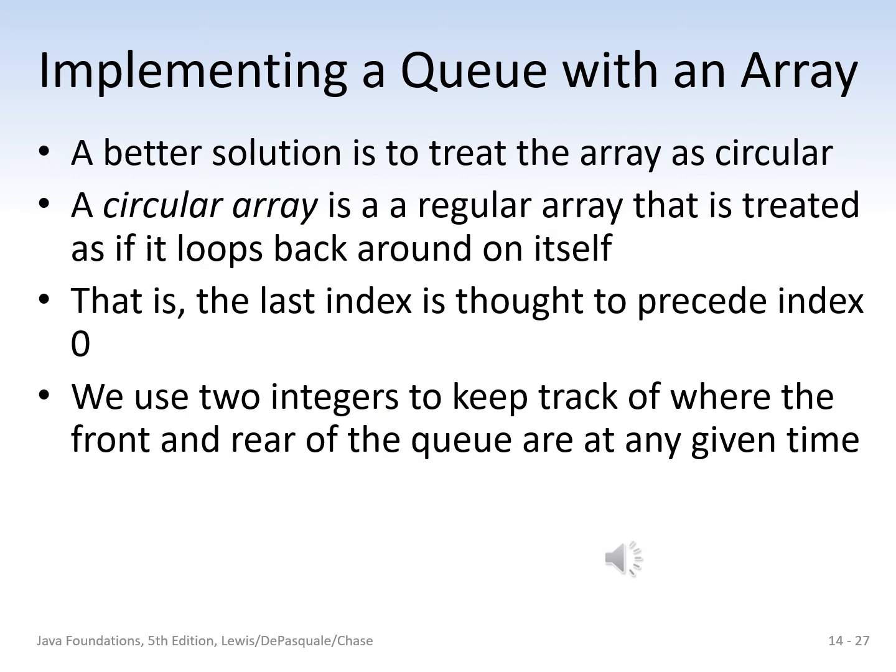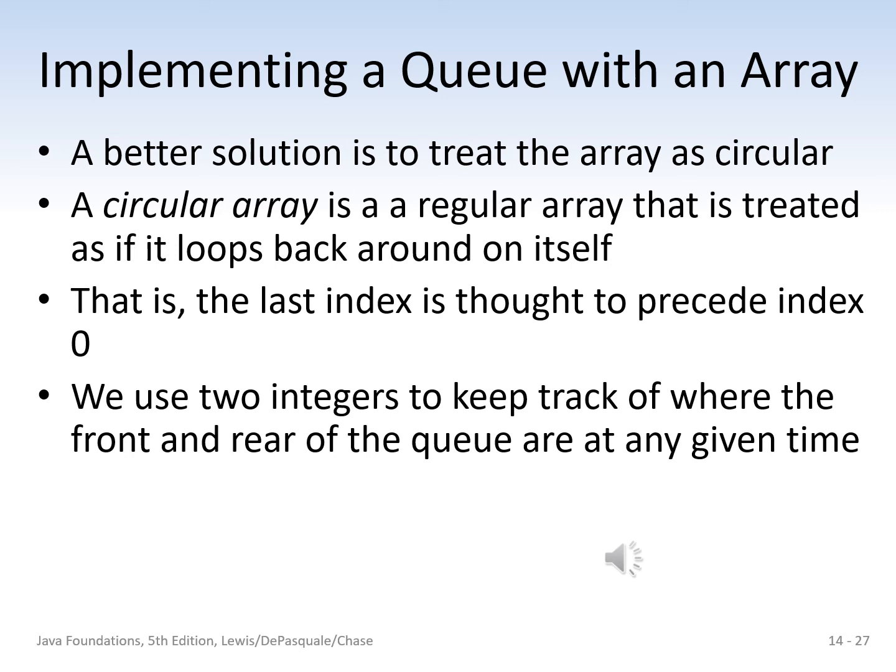One way of implementing a queue using an array is to treat the array as circular. You're probably thinking, what does that mean? Well, that's just a perspective on the array.